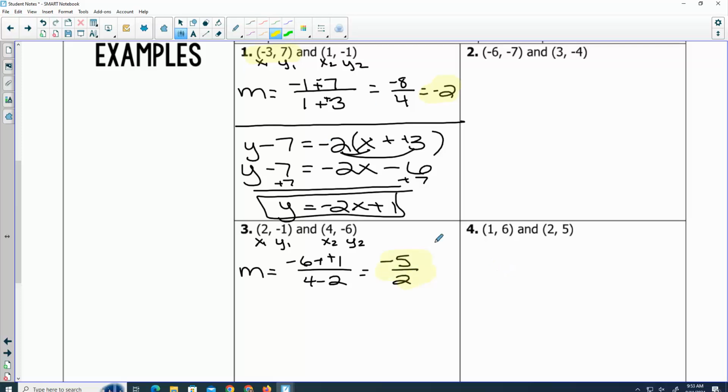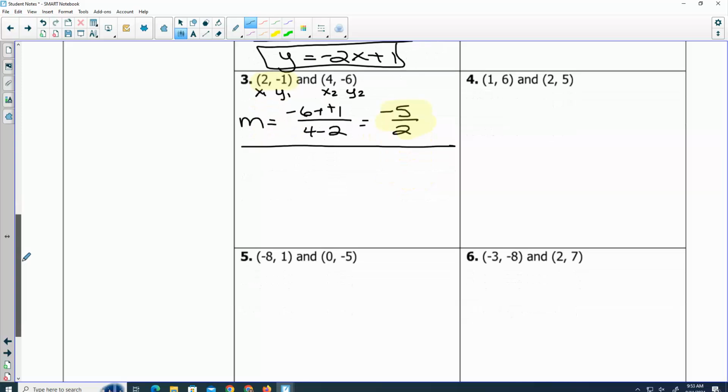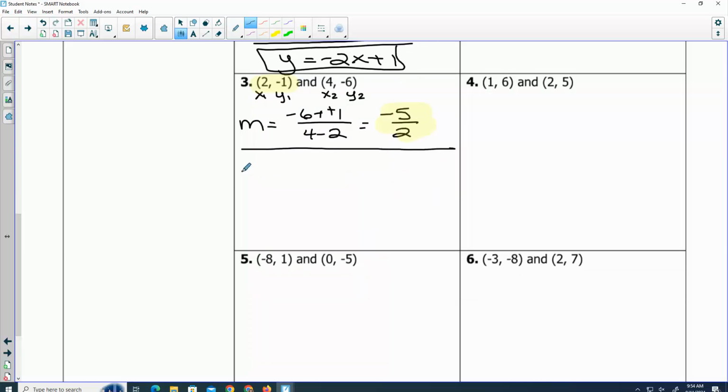To write my equation, I need a point and a slope. I'm just going to keep going with that first point. So now I'm using my point slope formula from the top. y minus y1 is negative 1, so y minus negative 1 equals m, negative 5 halves, times x minus x1.